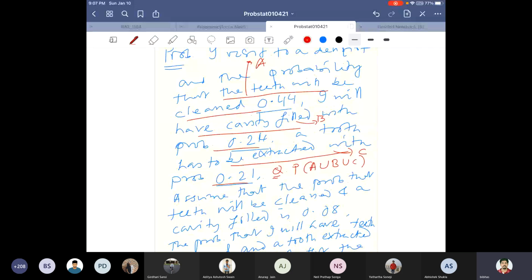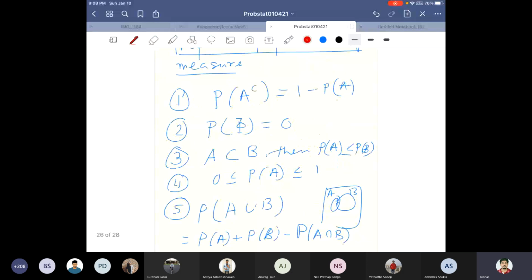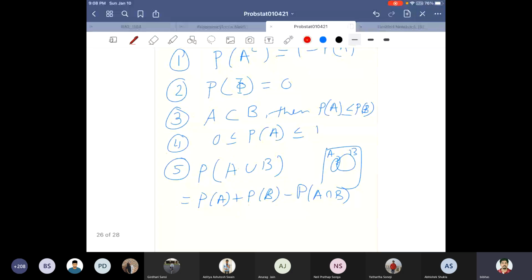Once you know all these probabilities, then I can find the probability of A union B union C. So this is just an example where you can use this particular formula. Whatever formulas I said here, like 1, 2, 3, 4, 5, will be used to solve problems.